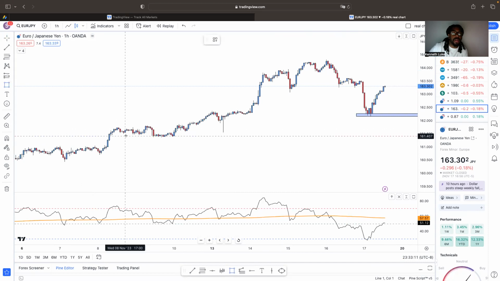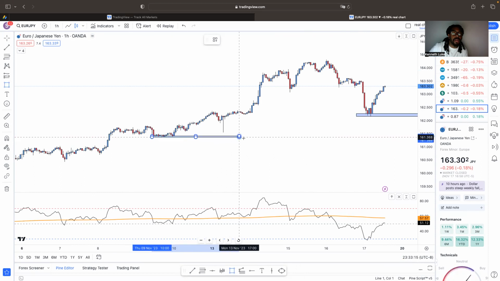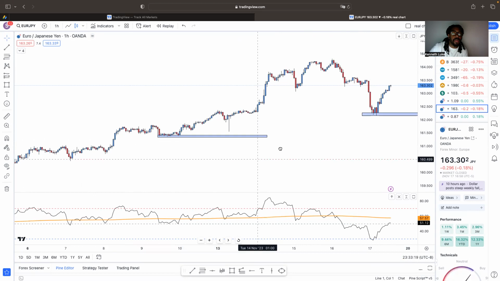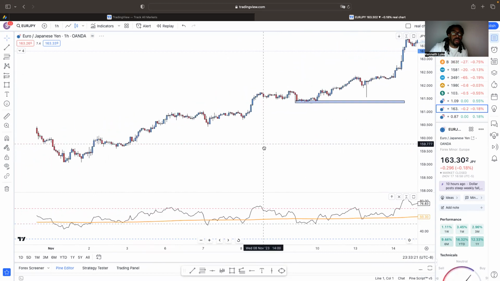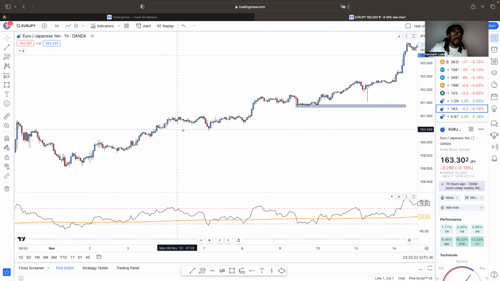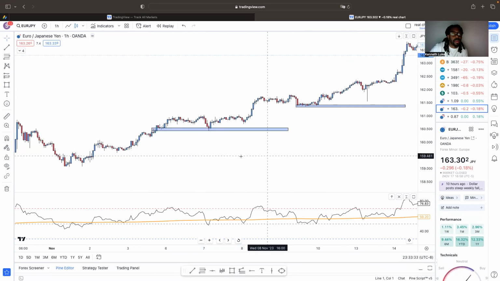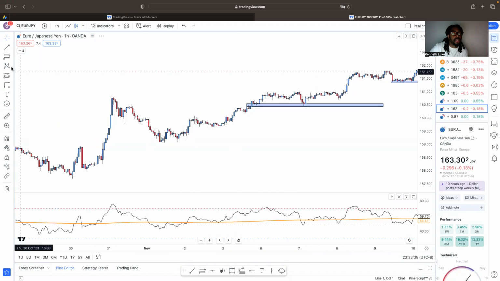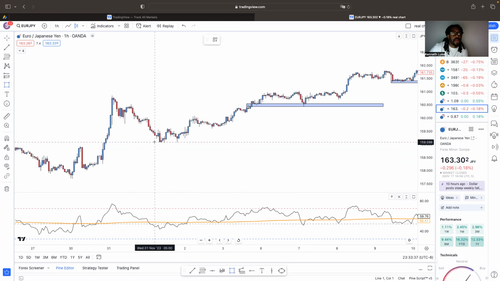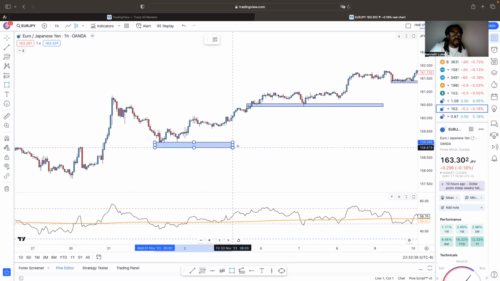Also, we got aggressive buying at this level here, so we will mark this level up here. Also, we have aggressive buying in this area, until price pushed up here. And then you kind of get the gist of it, right? Aggressive buying area right here.